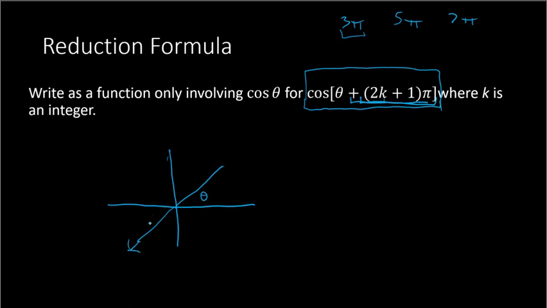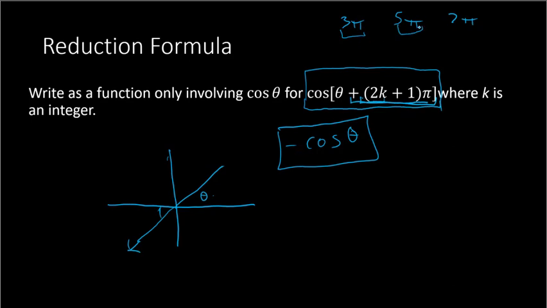In this location, the absolute value of cosine would be the same, but on the right side cosine is positive, while down here cosine would be negative. So the cosine of theta is going to be made into a negative. It's going to change the sign. So all of this can be written as negative cosine of theta.